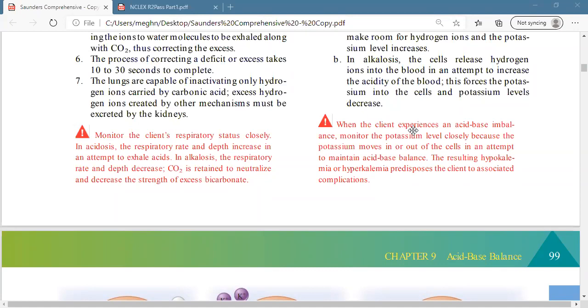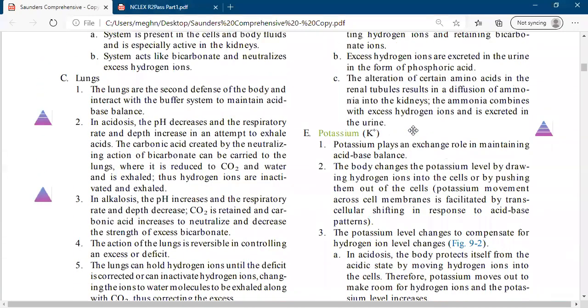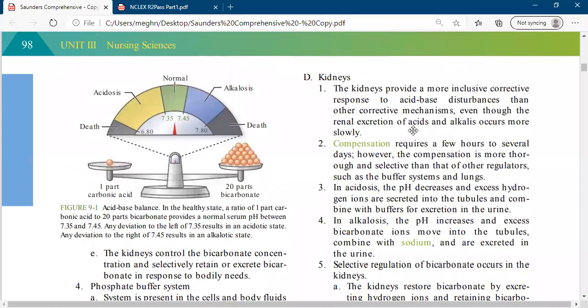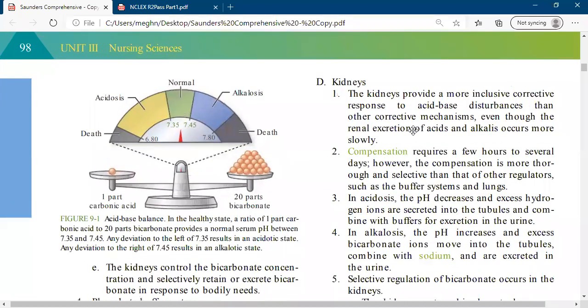So first of all, from this page, what we have to know to answer the question for the board, we have to know this picture. This picture shows the green line, pH, hydrogen ion concentration.